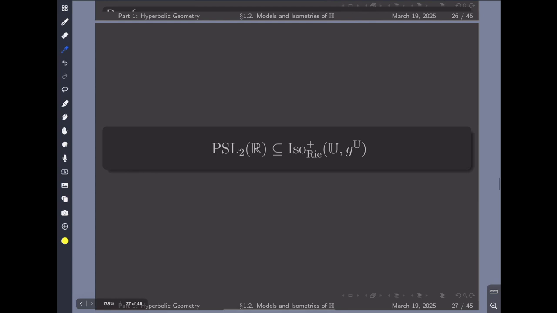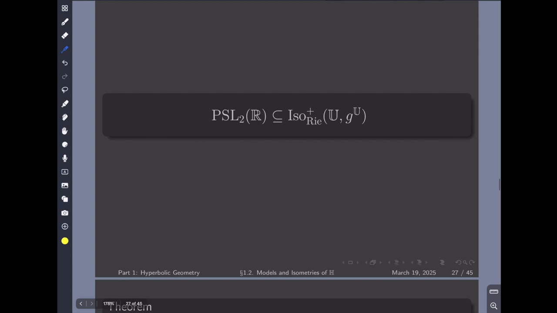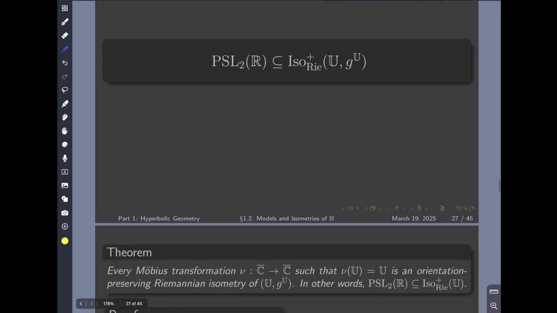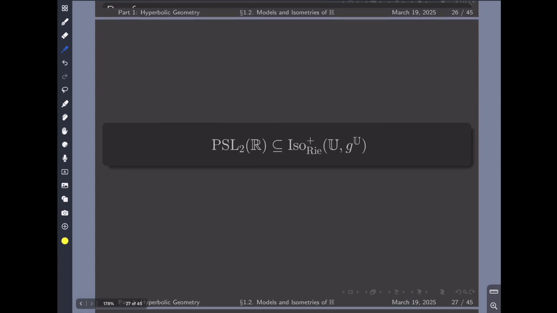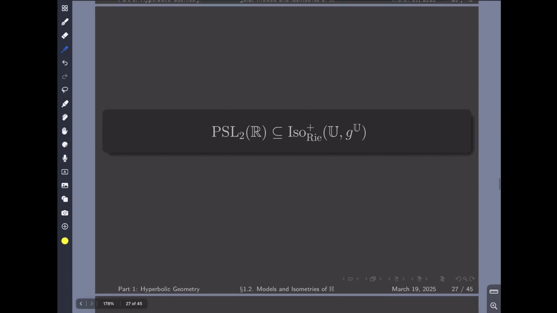At least for the moment, we are not going to do the whole thing. We are only going to see this inclusion. At this point one has to stress there are two groups of isometries already present: the group of Riemannian isometries and the group of isometries as metric space. In the end, they coincide. The group of Riemannian isometries is actually the whole group of metric isometries, but that requires proof.